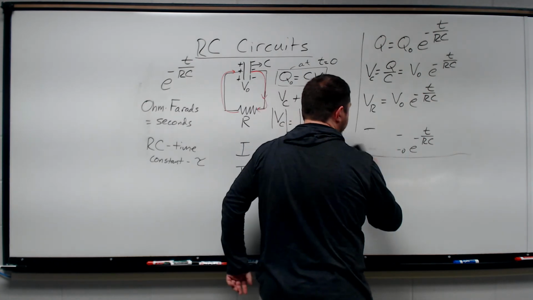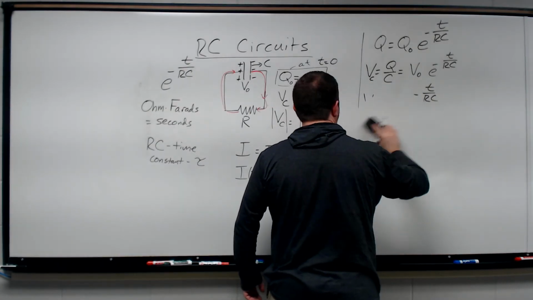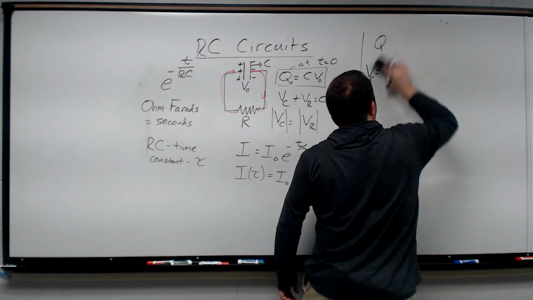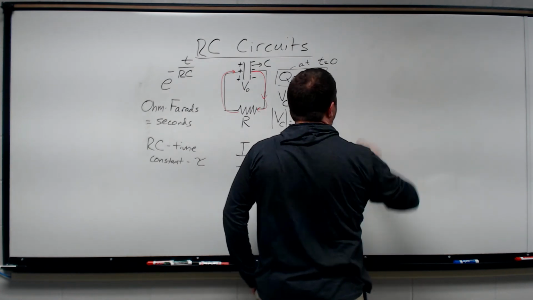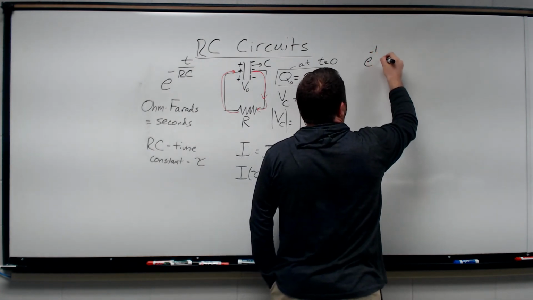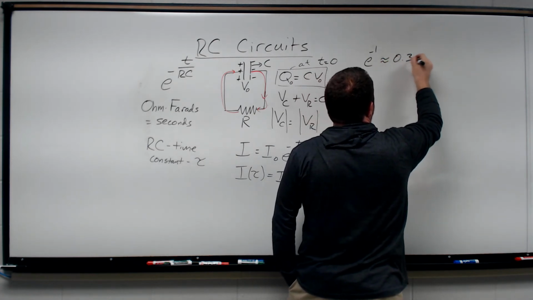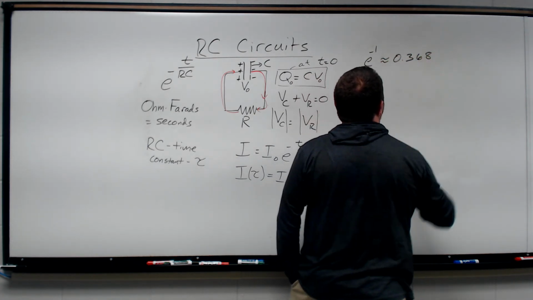And so what that means is, this is e to the negative 1. Let me erase these. So e to the negative 1 is approximately 0.368. Okay?